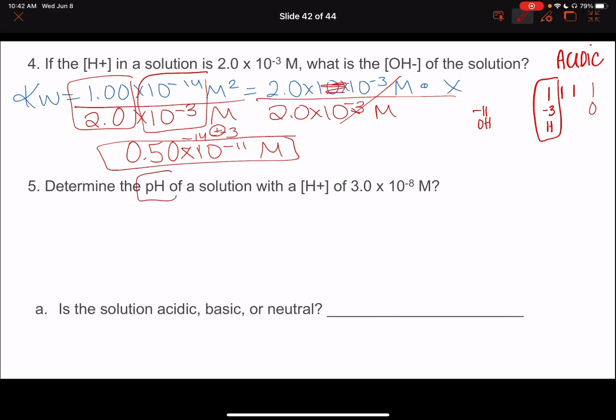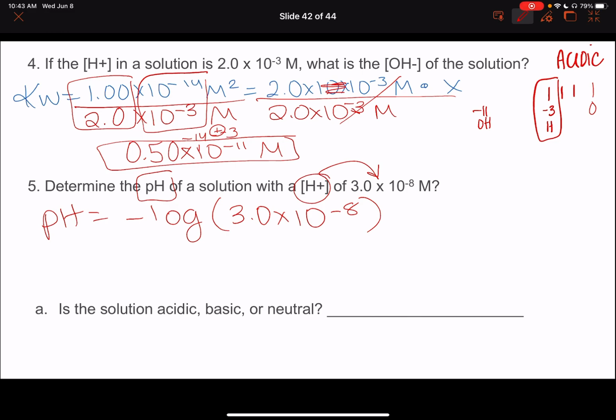Now, determine the pH. So pH is equal to the negative log of H plus, which is given, of 3.0 times 10 to the negative 8. Now, we know pH doesn't have a unit, and this 8 lets us know that our answer should be near and around it. You do need a calculator for this, so remember to find log. You look under the second, and you look for log. So we're going to put our negative symbol.